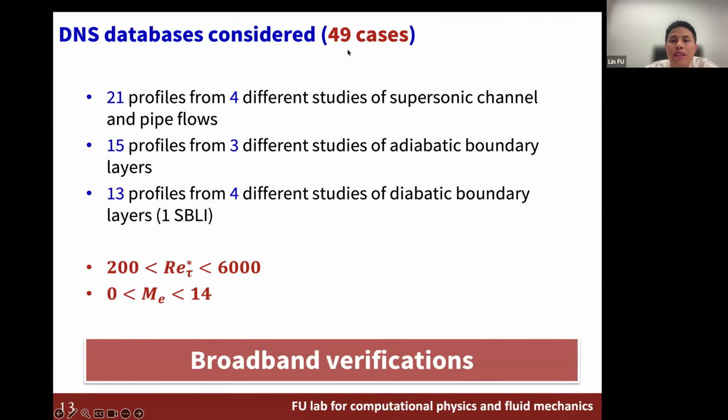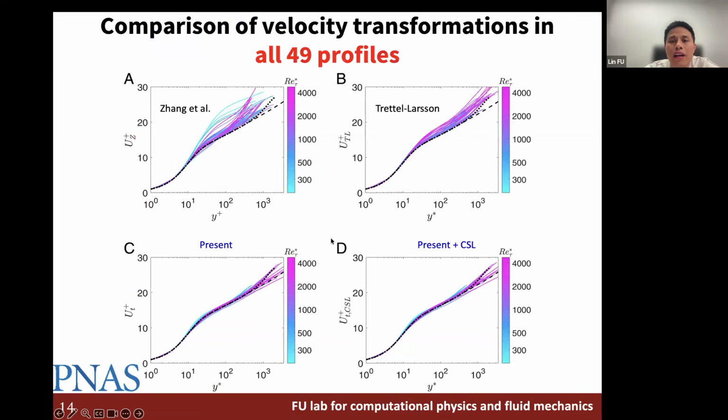And we selected 49 cases: 21 from supersonic channel and pipe flow, 15 from adiabatic flow, and 13 from diabatic boundary layer, with Mach number from 0 to 14 and Reynolds number from 200 to 6,000. Then I put all the data together to examine the performance of different scalings. The van Driest transformation apparently does not work for the log regime.